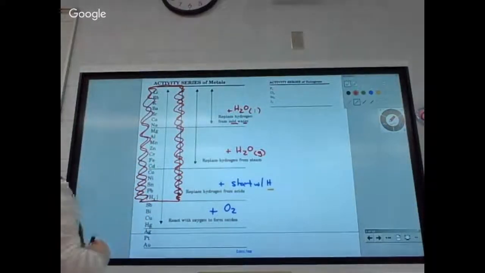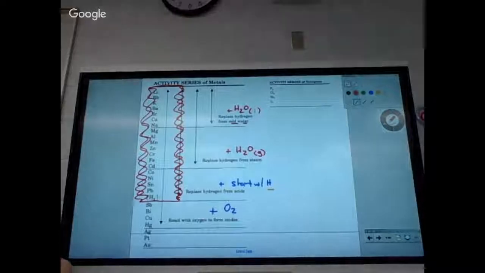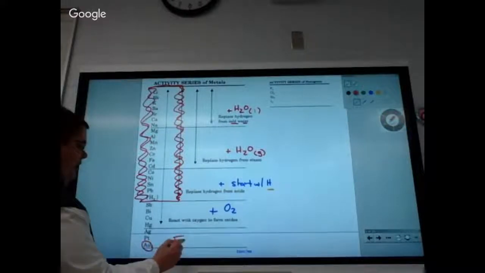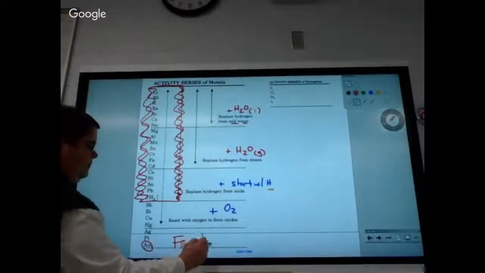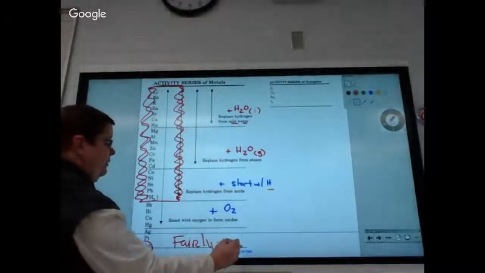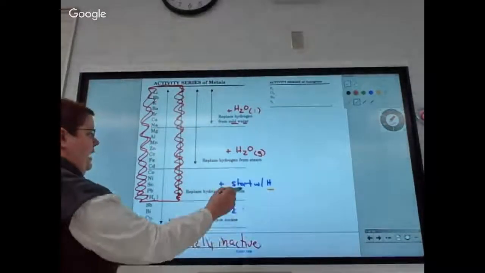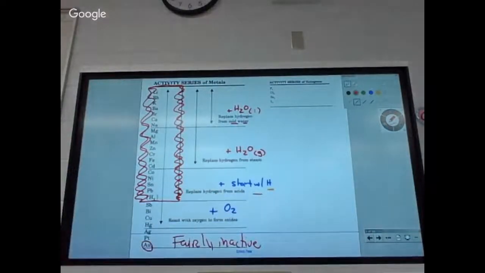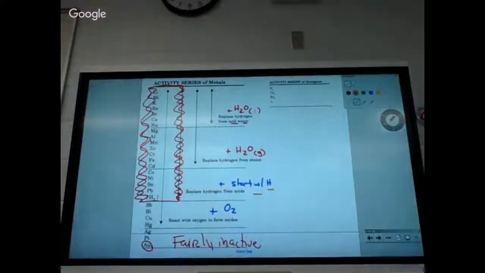Now, I don't ever worry about my wedding band when I'm reacting almost anything in here. Where's gold at on this? It's way down here. Okay? These are all fairly inactive. Do I have to worry about the acids I mix or anything else that I mix for y'all in class?